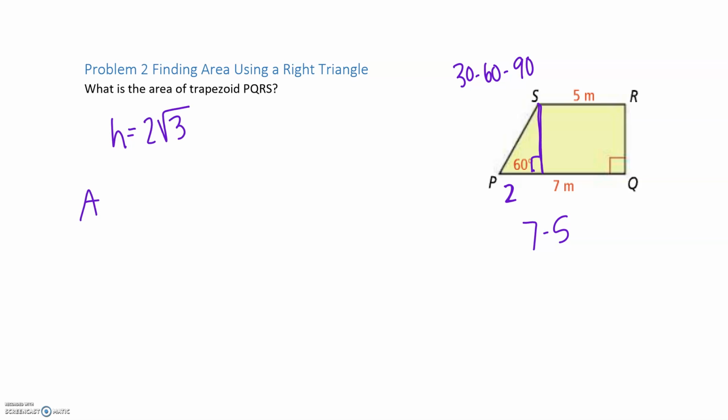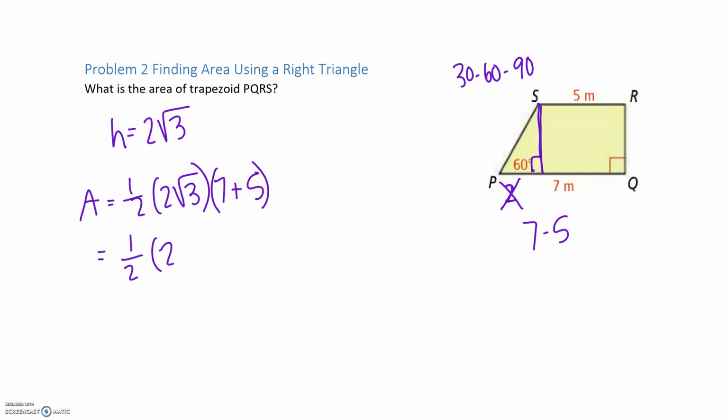So our area is going to be 1/2 times our height, which is 2 square root of 3, times our bases added together, 7 plus 5. So that leaves us with 1/2 times 2 square root of 3 times 12. And when we put that into our calculator, that gives us about 20.8 meters squared.